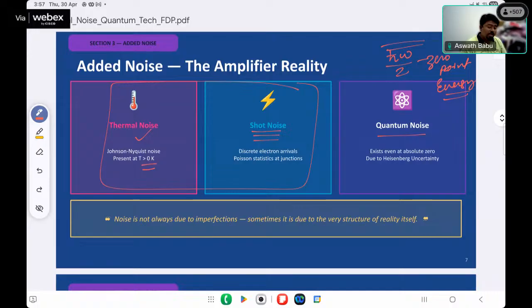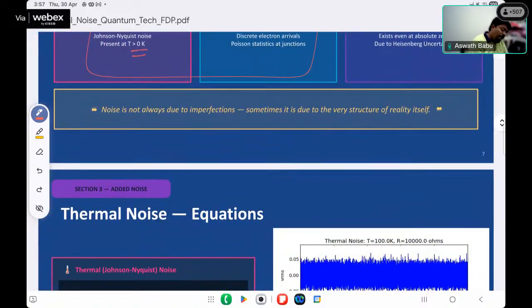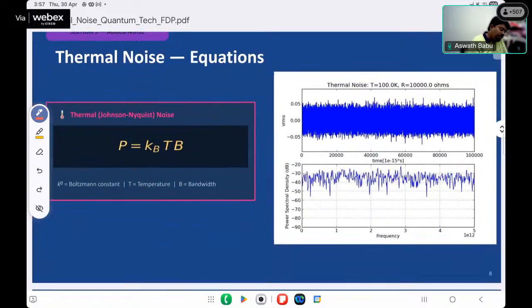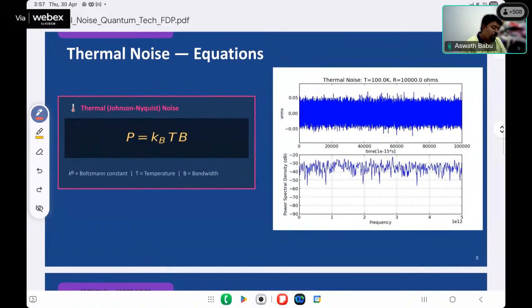But for quantum noise, you cannot say it is an imperfection in the system, because you cannot prepare it ideally in a perfect way, because this noise h omega by 2 is always there in the system. Okay, right? So when you amplify, you have to keep that in context. Now specifically, what can thermal noise do?